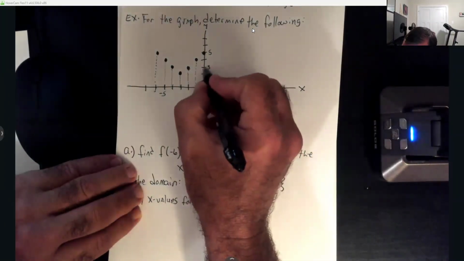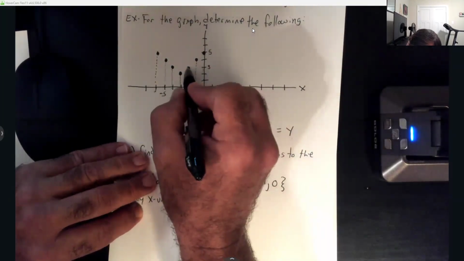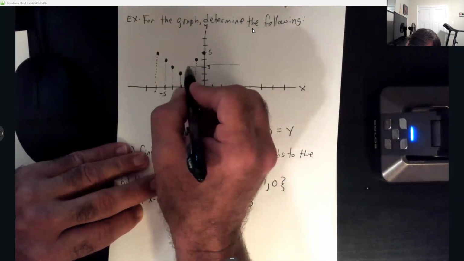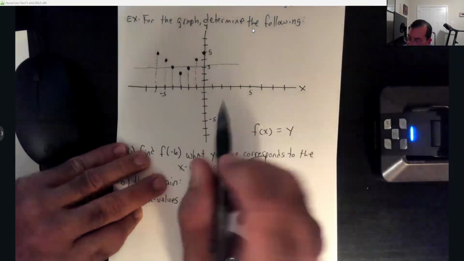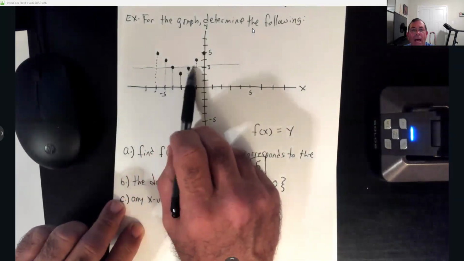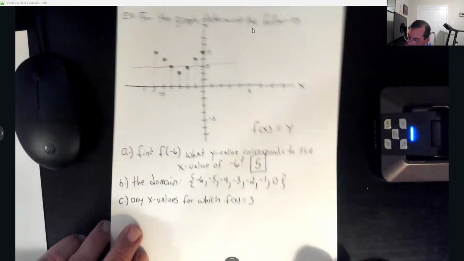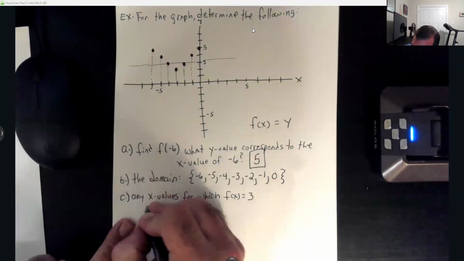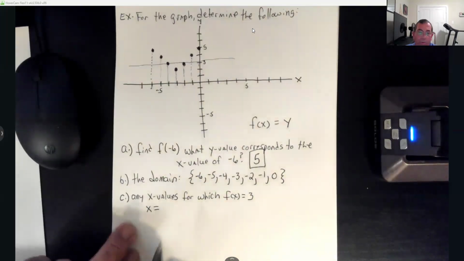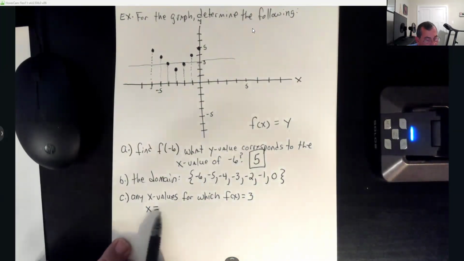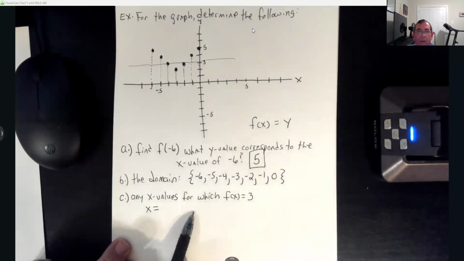Now remember, since this y value of 3 is right here, anything going across that horizontal line has a y value of 3. So that'll give us x equals. Now MATLAB will give you the x equals. You're just putting in the numbers.